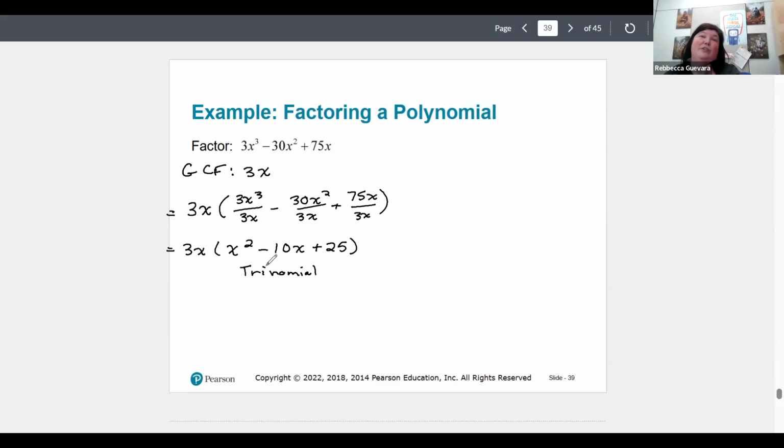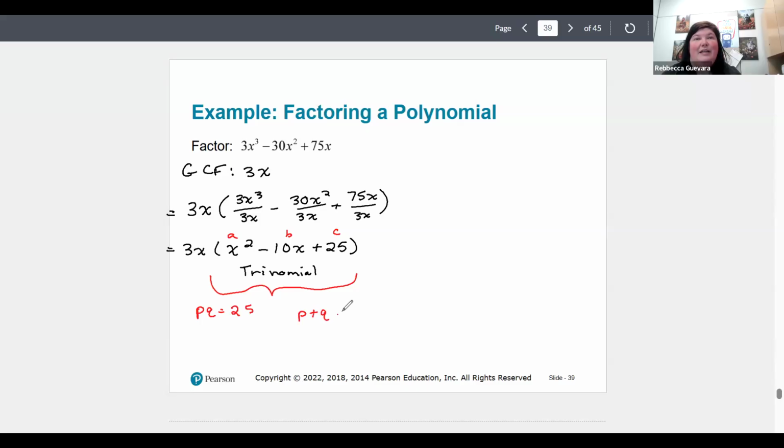So this is going to be a perfect square, but I'm not going to force you to do the perfect square on this one. You could just go back and, looking at the trinomial part, A, B, C, I need two numbers, P and Q, that multiply to give me 25, and add to give me negative 10. We're doing a reverse FOIL.